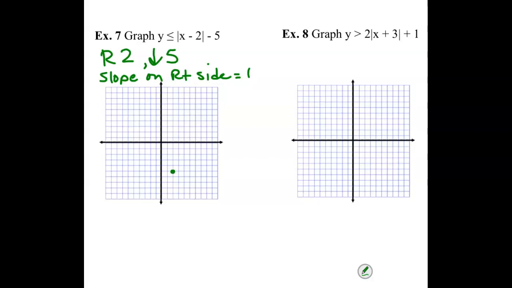On the right side, we're going to graph a slope of 1. On the left side, we do the reverse, slope of -1. Will this V be solid or dotted? Okay. Double check that you are putting arrows on the ends.